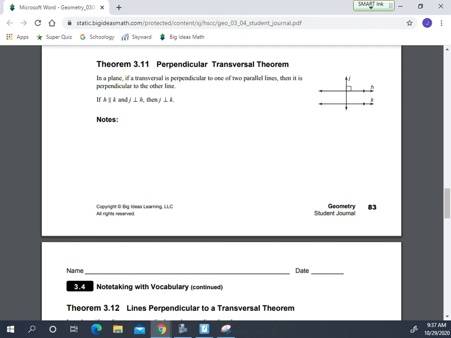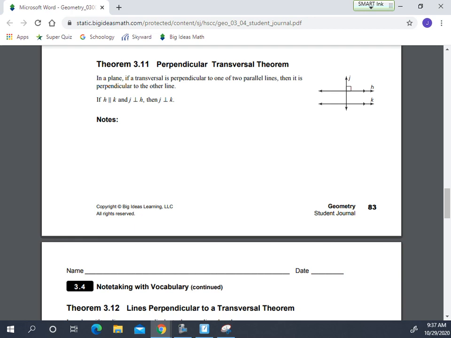Theorem 3.11. I'm not expecting you to remember these exact theorems, but I am expecting you to use logic here. In a plane, a transversal cuts through two lines. We know what transversal means. If the transversal is perpendicular to one of two parallel lines, then it is perpendicular to the other line.